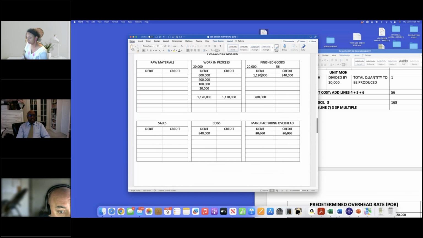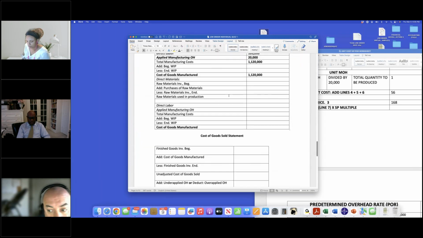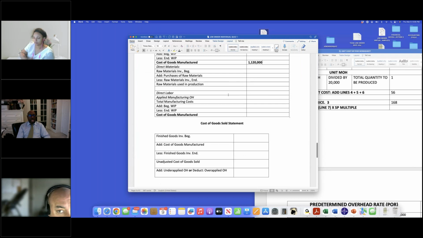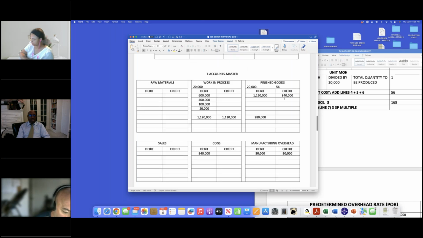Now let's see if we can get cost of goods sold done. We didn't have any beginning inventory. Add cost of goods manufactured, so we bring this number, 1,120,000, and put it right here. Then we subtract out the ending finished goods inventory, 280.